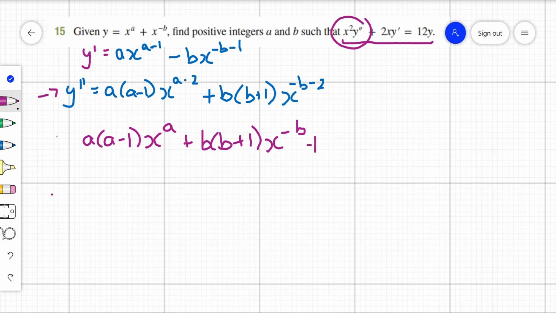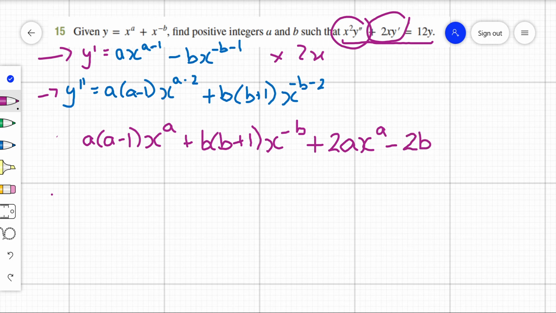Alright, plus 2x y dash. To get this term, I'm going to times y dash by 2x. Let's see what I get. I'm going to get 2a times x to the a, minus, I'm timesing by 2x, so 2b x to the minus b.